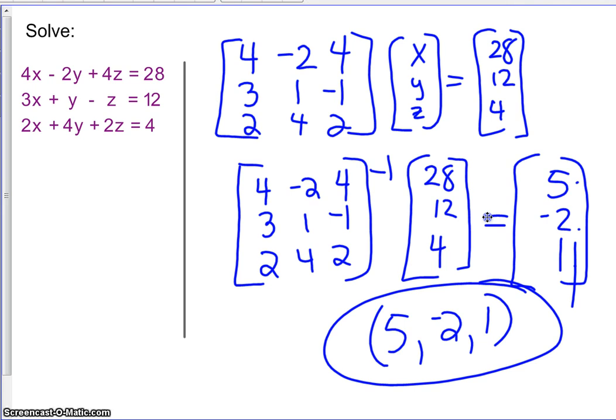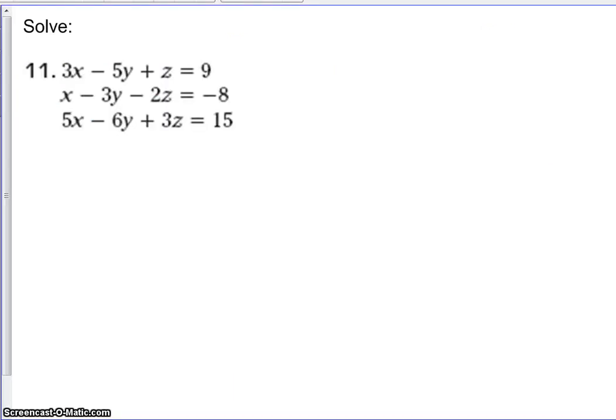one more example with you and show you one more time how you're going to set this up. I know a lot of you are thinking, do I have to write it out each time with the XYZ? No, not necessarily. What I'm going to be looking for, on the bare minimum of what you're going to have to show me when you're solving this, is I want to see what matrices you're using.